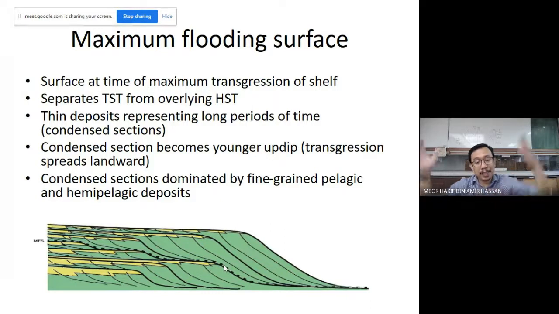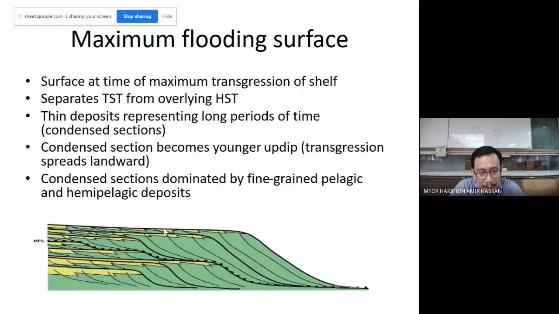It's mostly just suspension, clay particles falling down. And that can happen for a long period of time, hundreds of thousands of years, nothing is happening. So even though the time period that has passed is very long, the deposit can be very thin. Nipis here. Lots of different fossils of different ages are concentrated together. It's what we call a condensed section.